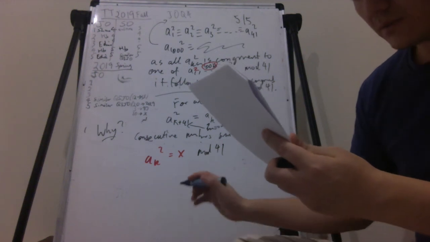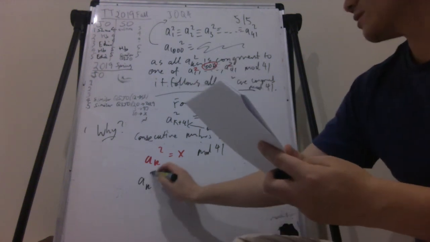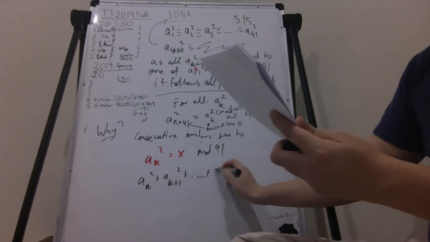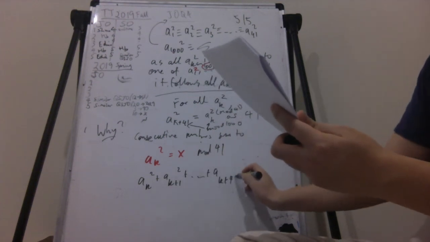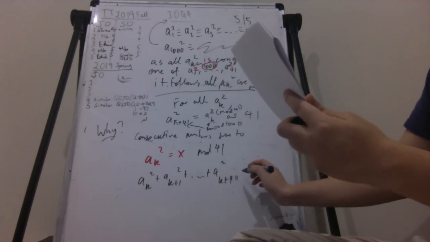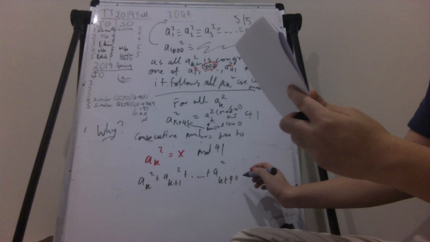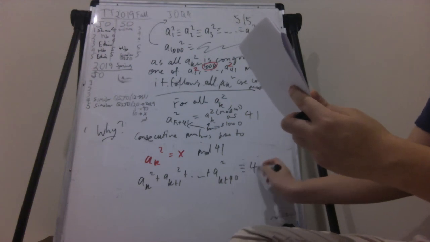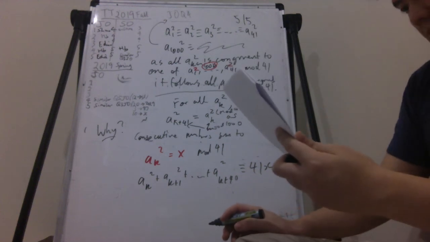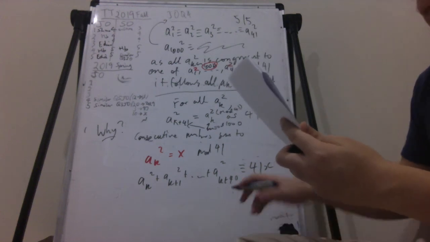Then the sum of all the squares, ak squared, ak plus 1 squared, all the way up to ak plus 40, alright, so that's 41 squared, yeah? Is equal to 41x, right? Mod 41.